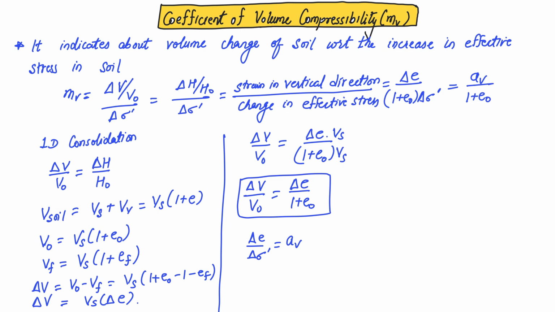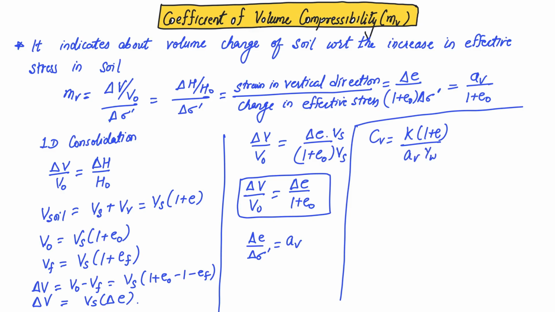Now, if you remember, we have defined the coefficient of consolidation, cv, and that cv was k into 1 plus e divided by av gamma w. Here you can see that av upon gamma w is equal to mv.